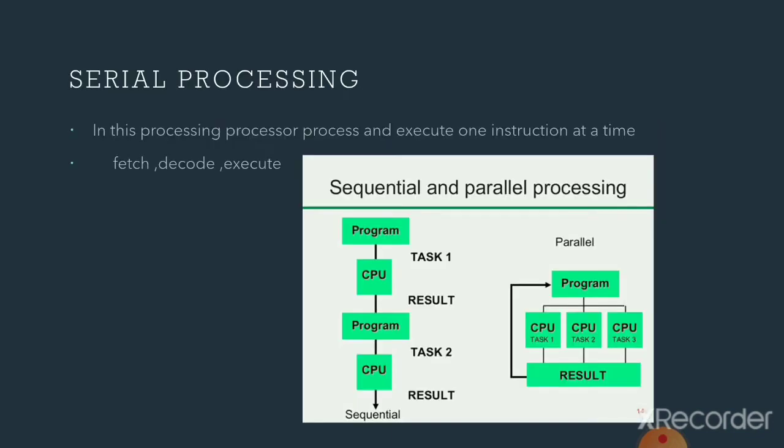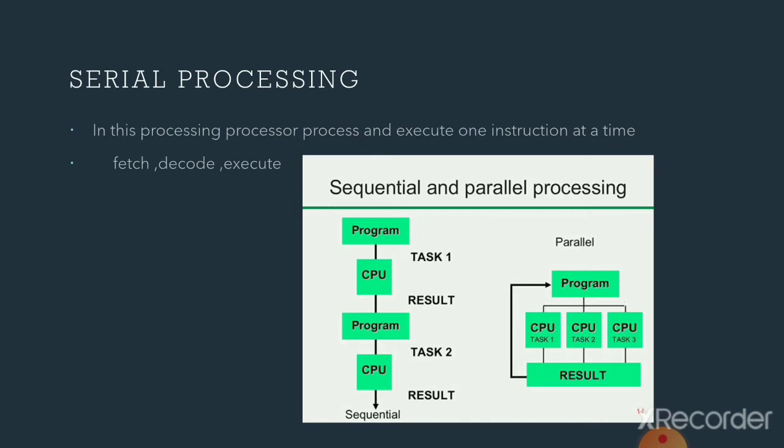First processing is serial processing. When you write a program or software and give it to the processor to process it, a program basically consists of small instructions.